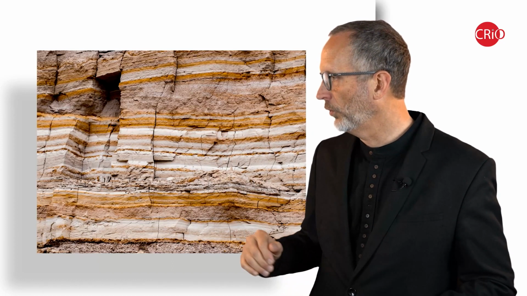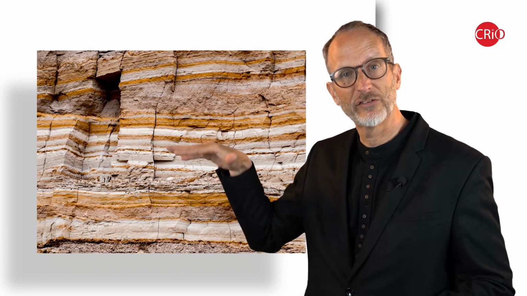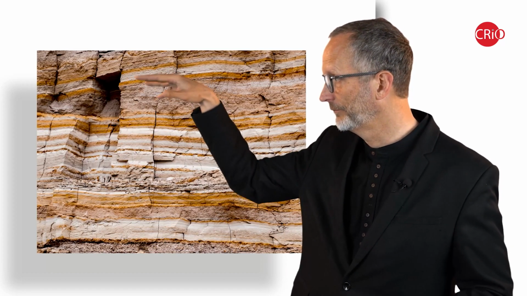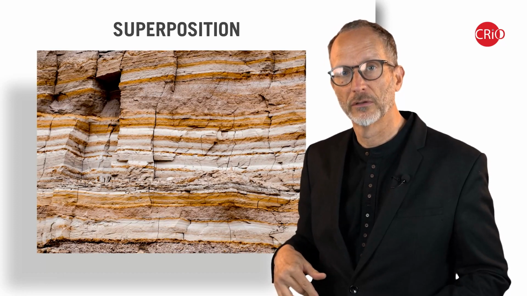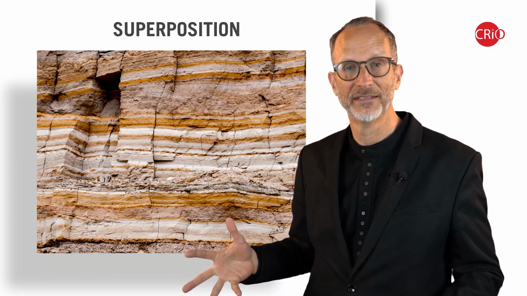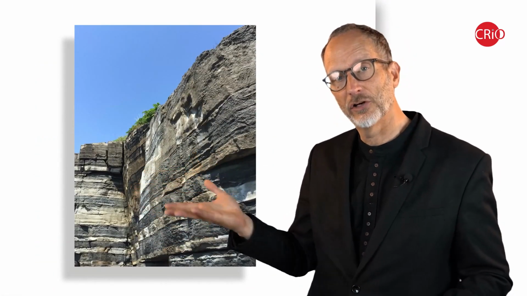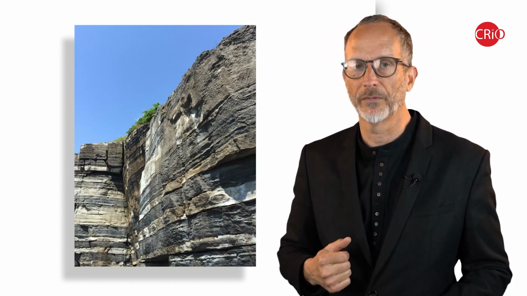Now, what's old or first is at the bottom. That gets covered by the younger material and so on. Now, that's called superposition because it's situated on top. Now, the next thing is that these layers, especially if they've been laid down in water, were originally horizontal.